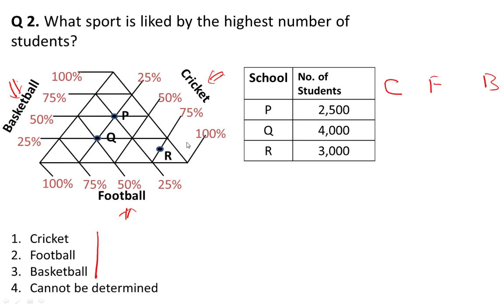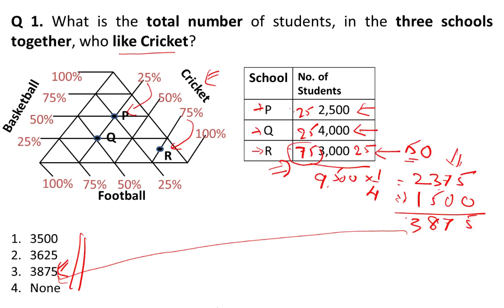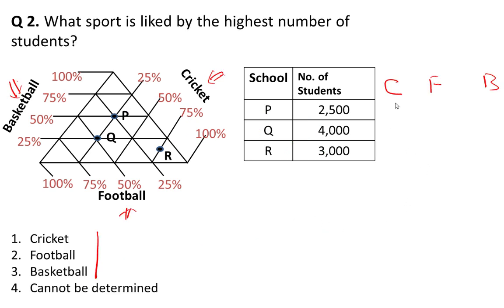What if that question is not there? You need to go for a fresh calculation for cricket. For the time being, we will take the help of the previous figure, that is 3,875.